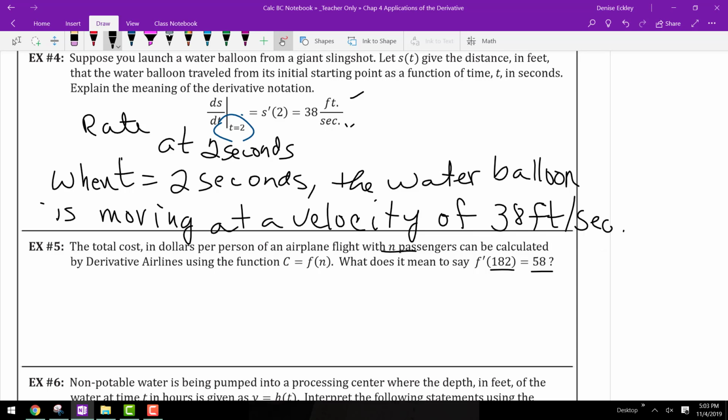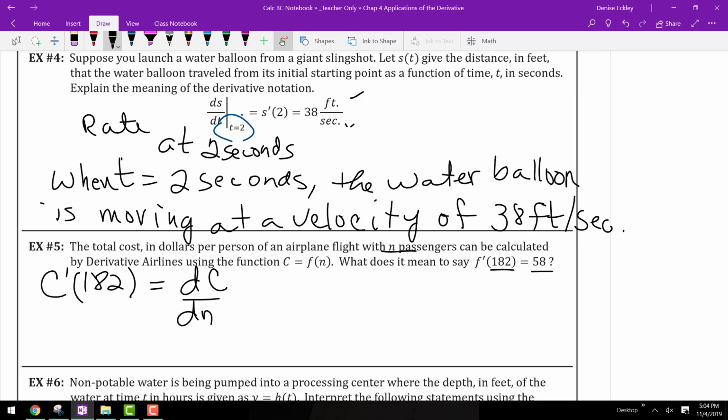So that's why it's important to think of c prime of 182 as dc dn, for number of passengers. So it's cost per passenger.